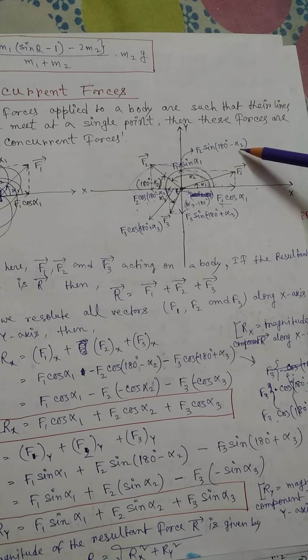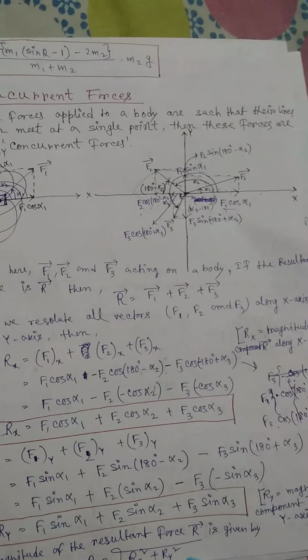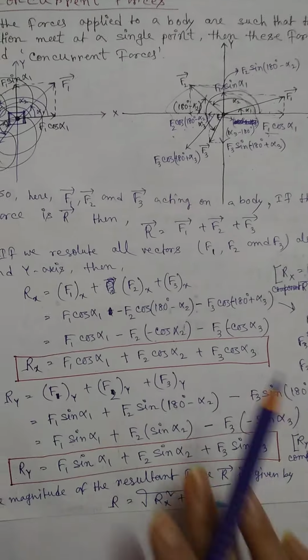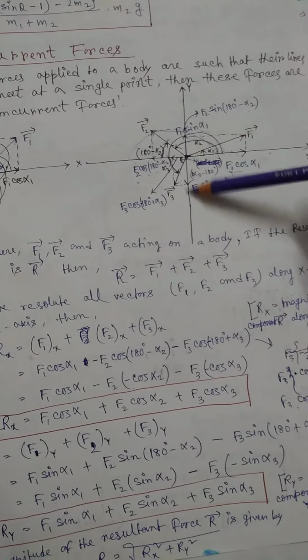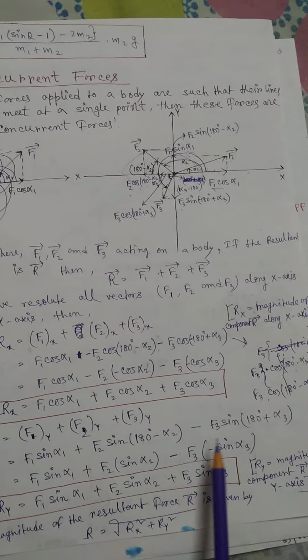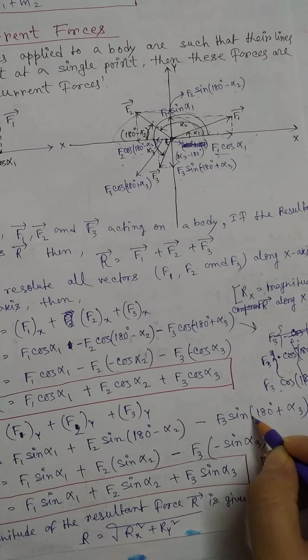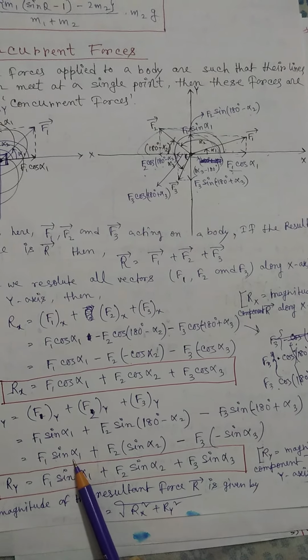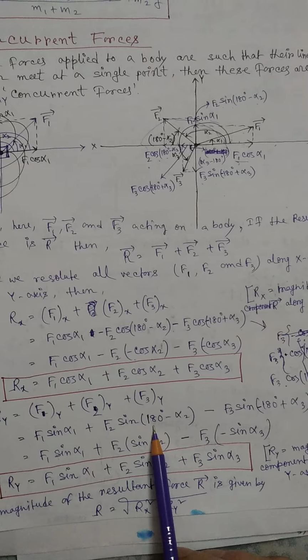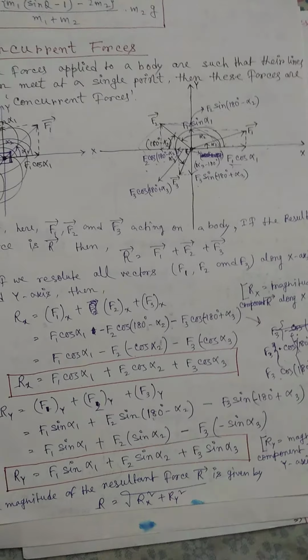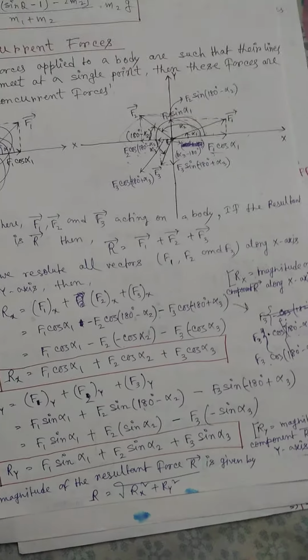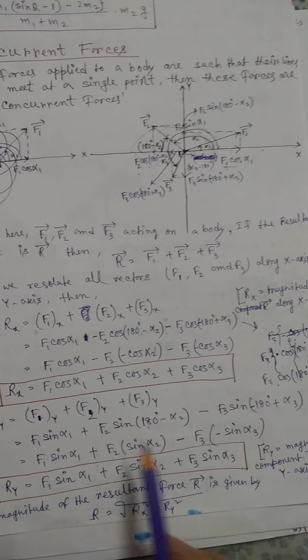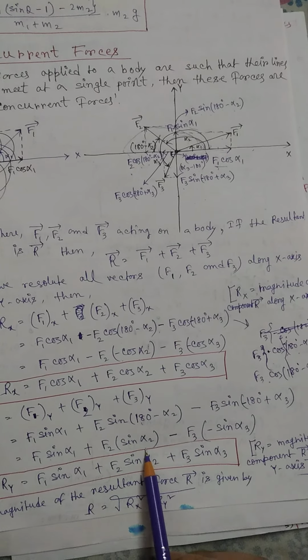F2 sin(180 degree minus alpha 2) is also along positive y-axis, so this is also positive, but this component is along negative y-axis, that's why this is negative. So just look here, this is F1 sin alpha 1. 180 degree minus alpha 2 means second quadrant, and in the second quadrant sine and cosec both are positive, so this one will be F2 sin alpha 2.